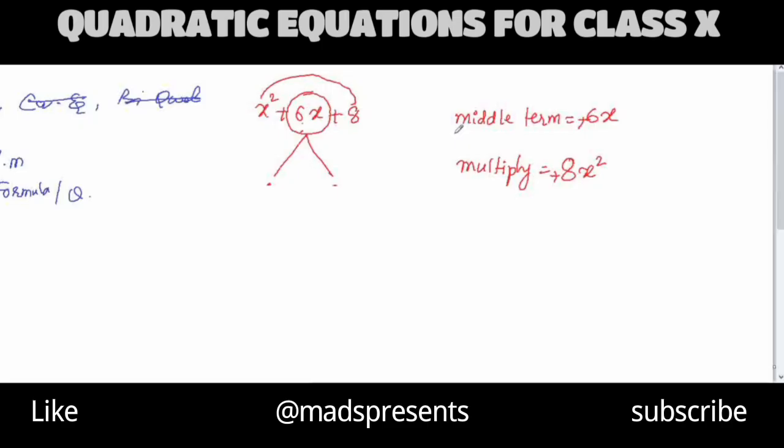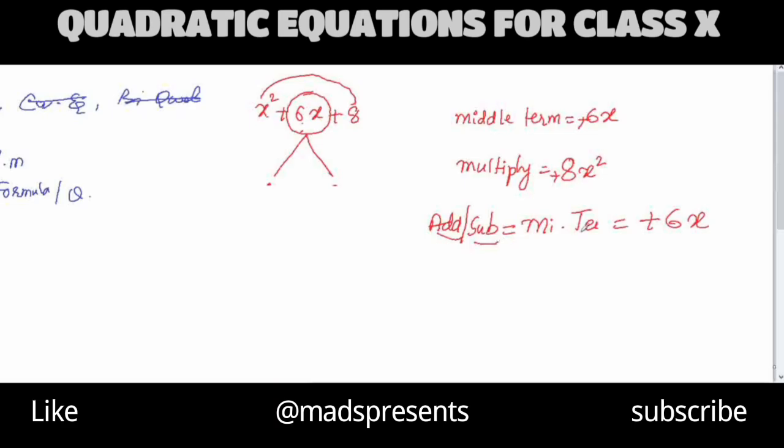Be clear that whenever you are splitting a middle term, whether it is addition or subtraction, if you multiply those two numbers, you compulsorily need to get the extreme term. If you add or subtract, you should get the middle term, that is 6x in this case.